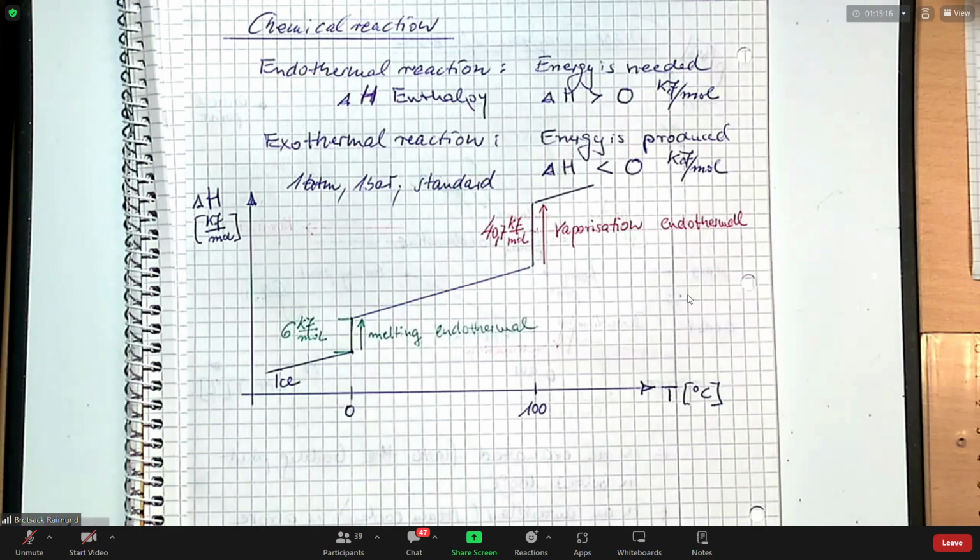You can transfer it into kilowatt hours per mole, the joule into kilowatt hours. Do you know how? What is a watt?